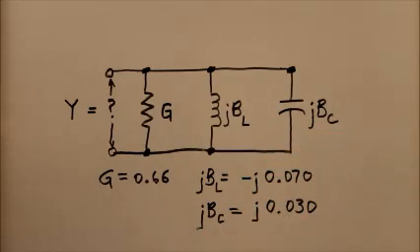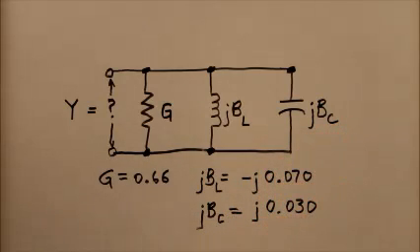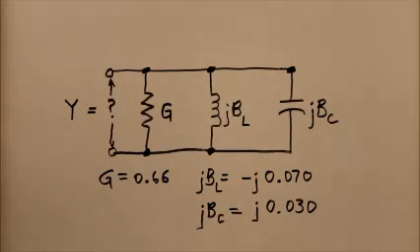And if this were indicated as a capacitive reactance, we'd have to convert that to capacitive susceptance. Capacitive reactances are always negative, but capacitive susceptances are always positive, and with inductors it's just the reverse. Inductive reactances are always positive, but as we have here, inductive susceptances are always negative.